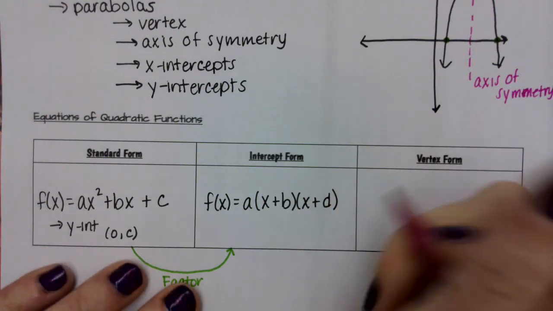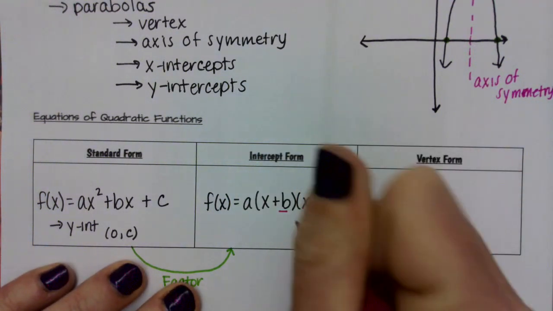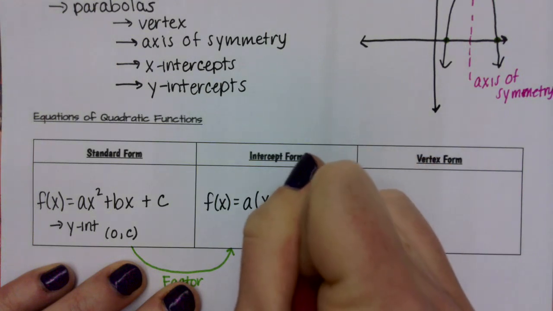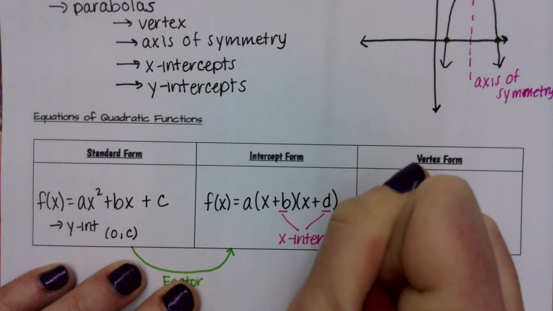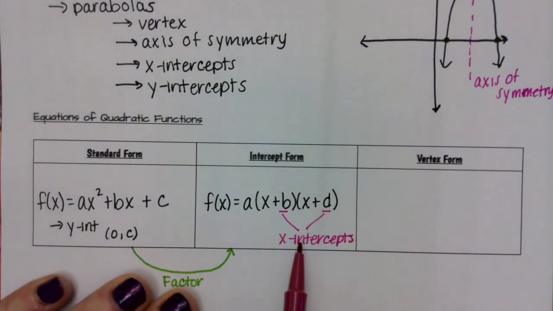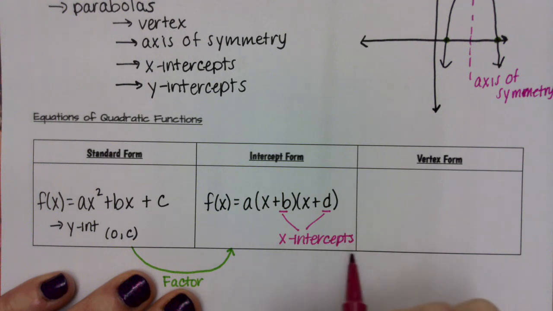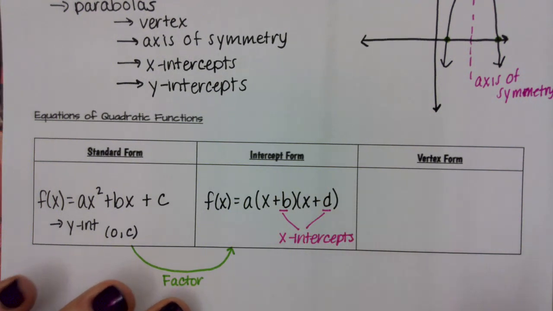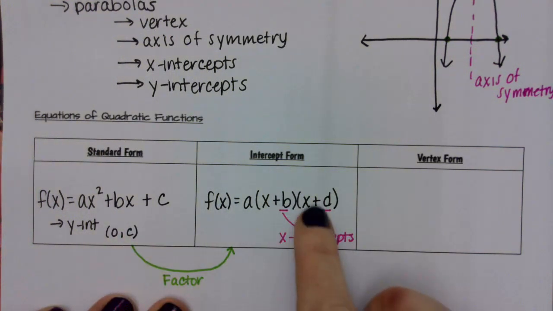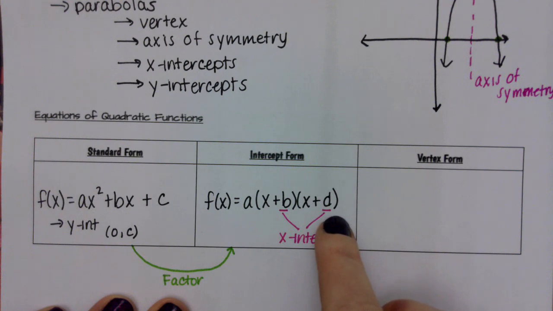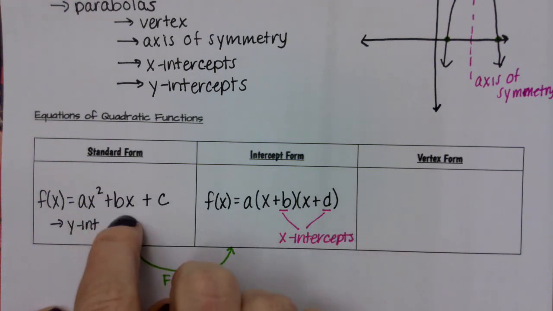Okay, and this is called our intercept form because you have now found your x-intercepts. These are called your x-intercepts. That would be at negative b comma 0 and negative d comma 0. Hence why it's called intercept form. Now, if I want to go the other way, I just would multiply it. I would make a box and distribute the a, and that would get me this form.